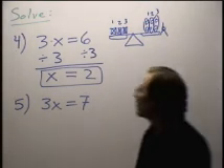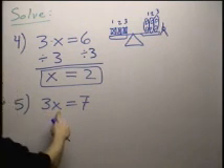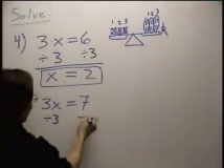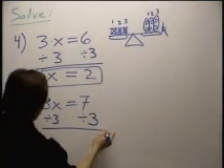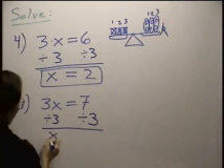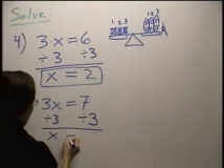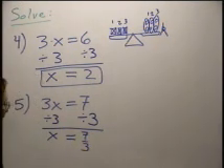Let's look at it. We already discussed the fact that if we have 3 times x, we're going to want to divide by 3. Whatever number we're multiplying by x is the number we'll divide by on both sides of the equation. So here we get x, just as in the previous example. Here we'll get 7 divided by 3, which is 7/3.